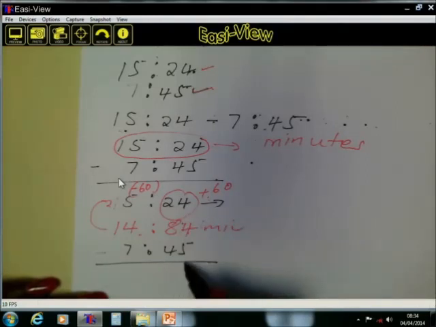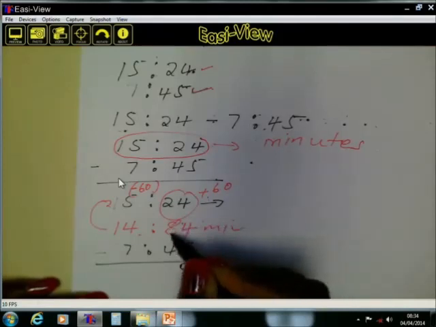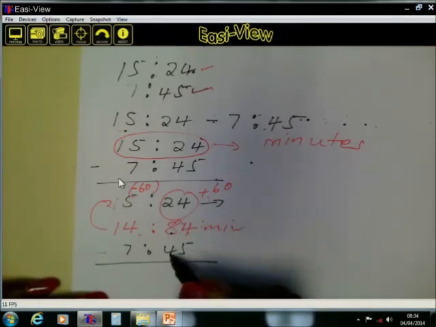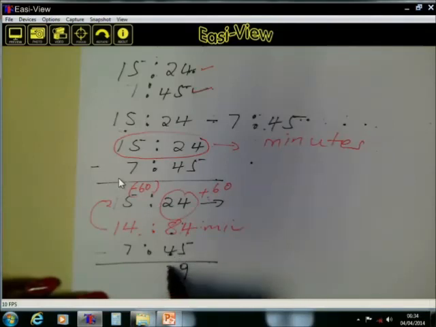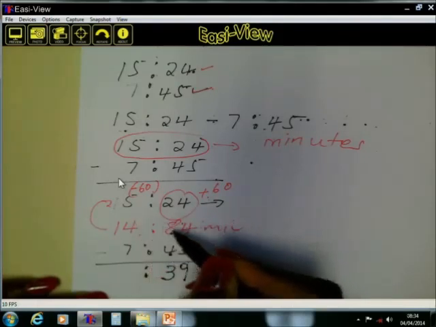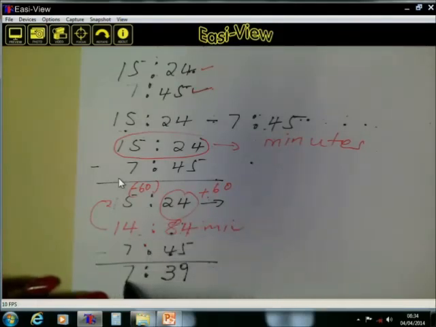14 minus 5, how much is it? It's 9. We are left with 7 here. 7 minus 4 is 3. Then we are left here with 14 minus 7, which is 7. In other words, it took the biker 7 hours and 39 minutes to complete the race.